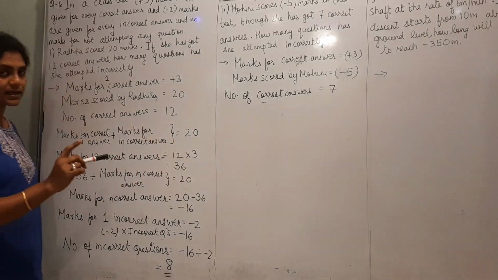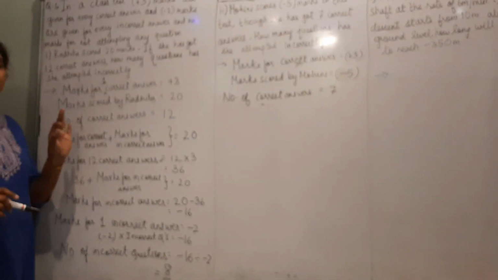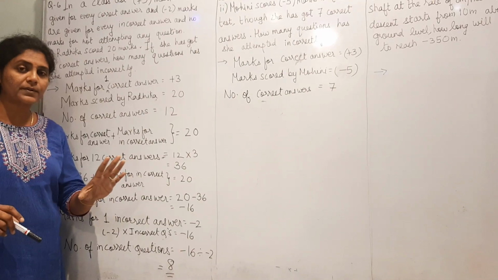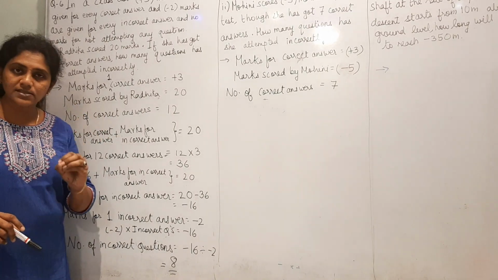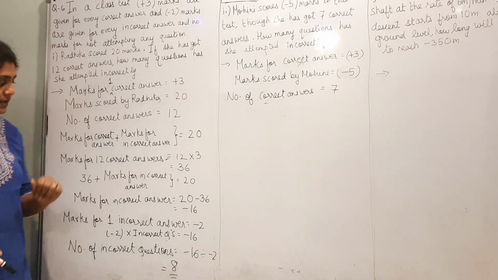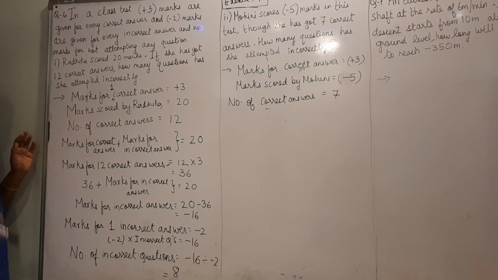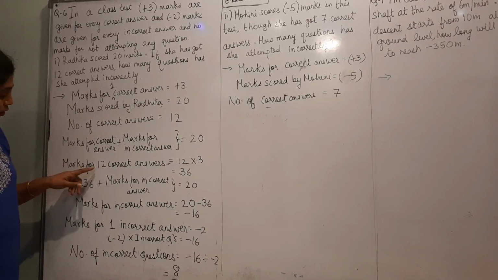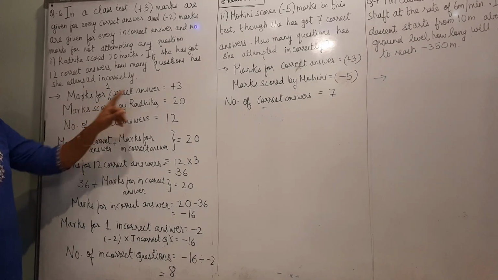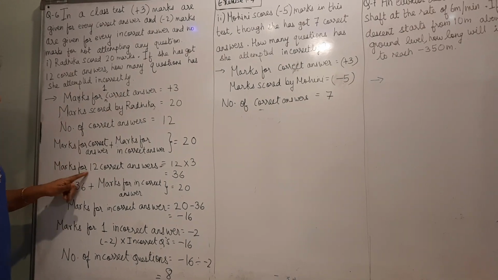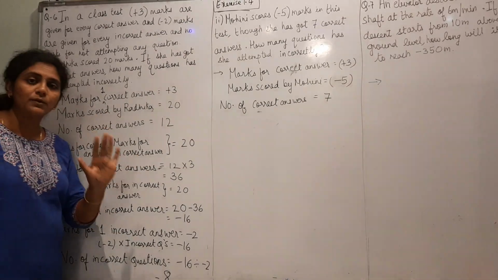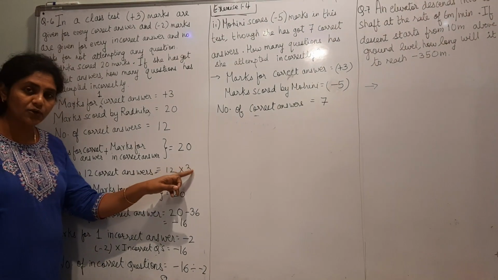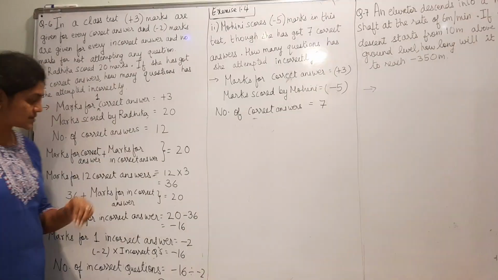That is 20. The questions she has attempted or not attempted, we are not taking into consideration because the score for those is 0 only. So marks for one correct answer is +3. Marks for 12 correct answers will be how much? 12 into 3, that is 36.